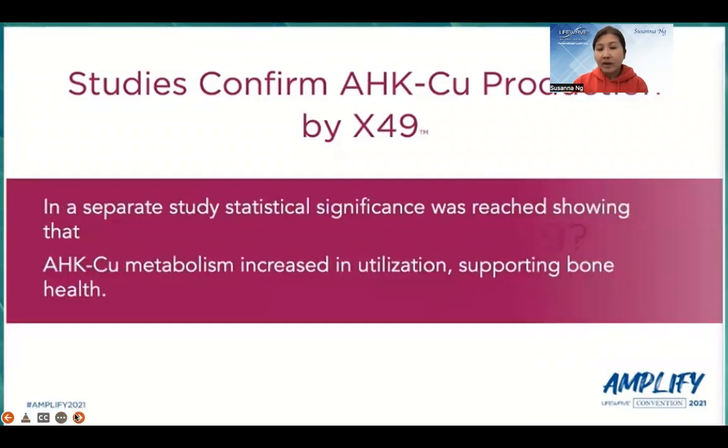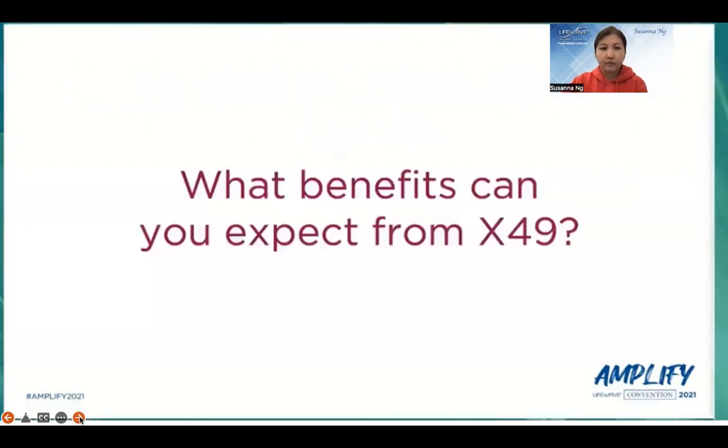In separate studies, statistically significant results showed that AHKCU metabolism increases utilization, supporting bone health.